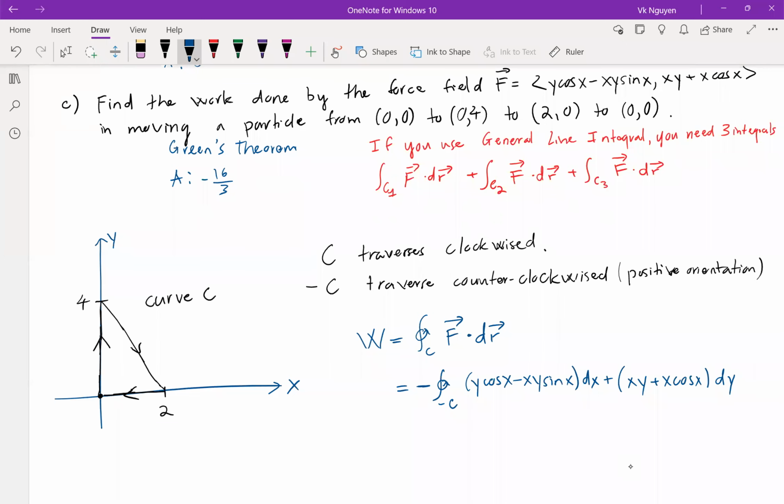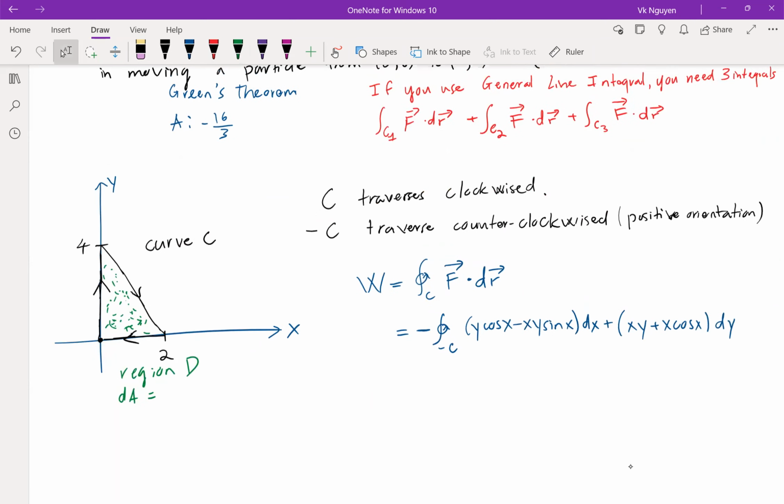Next step is, well, everybody see the region D here. Did you see it? And use it. Region D. dA here, it doesn't matter because there's just a straight line here. You can do dx dy or dy dx. Now, a lot of us learn how to get the equation of the line. So this straight line right here, we learn the equation is y equals mx plus b.